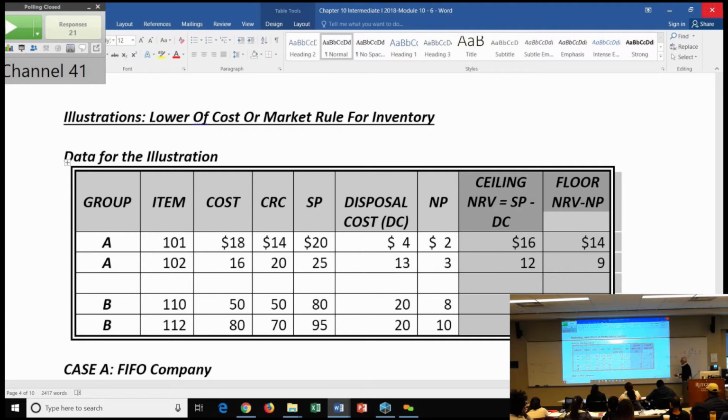Ceiling is going to be net realizable value, 60. And the floor is 52. Current replacement cost is going to be 50. Current replacement cost is 50, falls below the floor, so what's going to be market? The floor of 52.